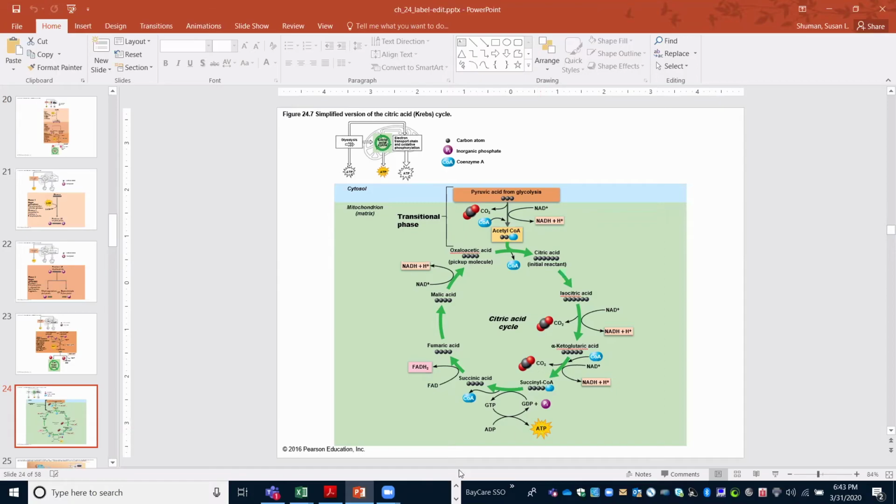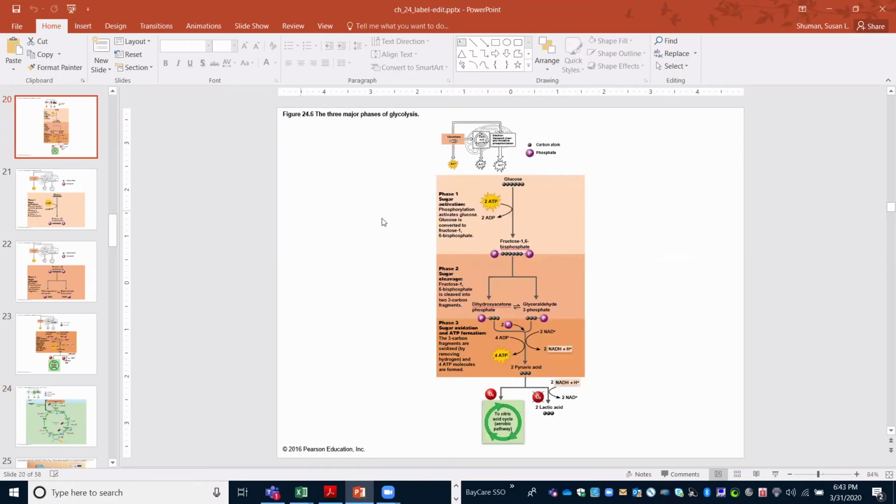Okay, good. So now I'm working my way along. I want to look over here. I've taken FAD and I have an FADH2 formed. And then I keep going, I get another NADH formed. So as I go around this whole process, remember when I started over here, I got 2 NADHs from glycolysis.